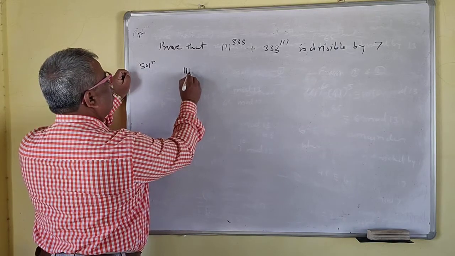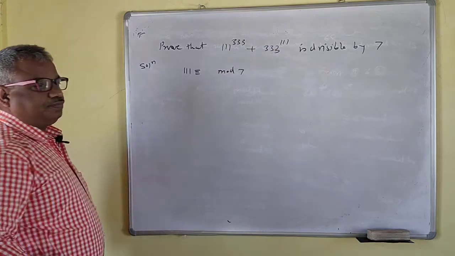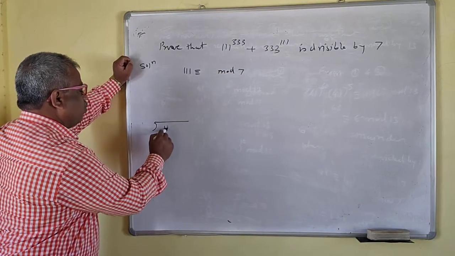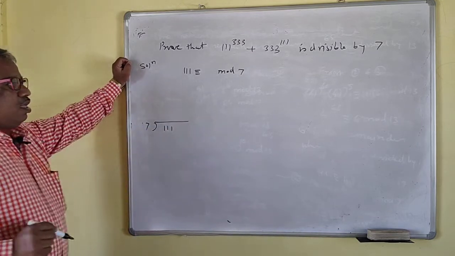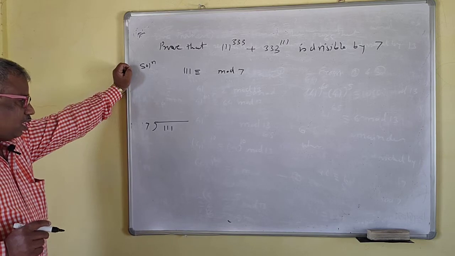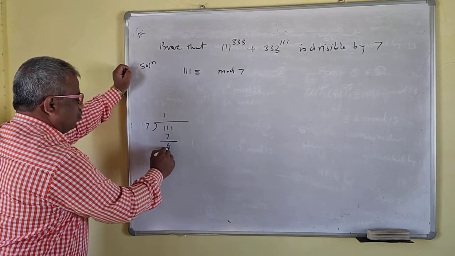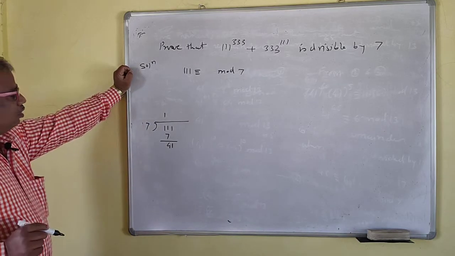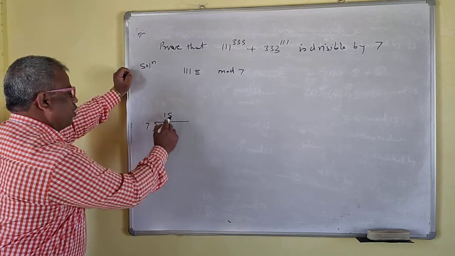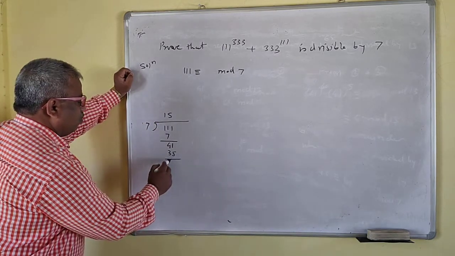111 mod 7. Okay, so what you have to do is divide 111 by 7. 7 times 1 is 7, then 5, 35, so the remainder is 6.